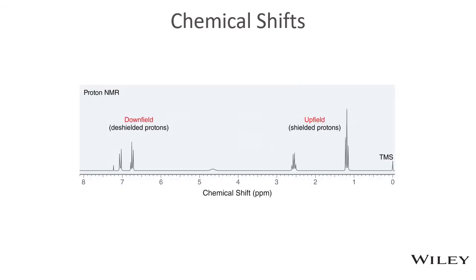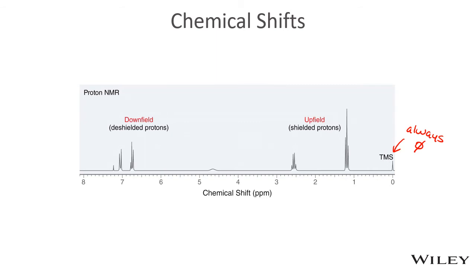Most chemical shifts will appear between 0 and 12 ppm. Now this is an example of an NMR spectrum. The 0 will always be on the right, and TMS is always going to have a ppm of 0. So if you ever see a peak on an NMR spectrum exactly at 0, that will represent the standard TMS.